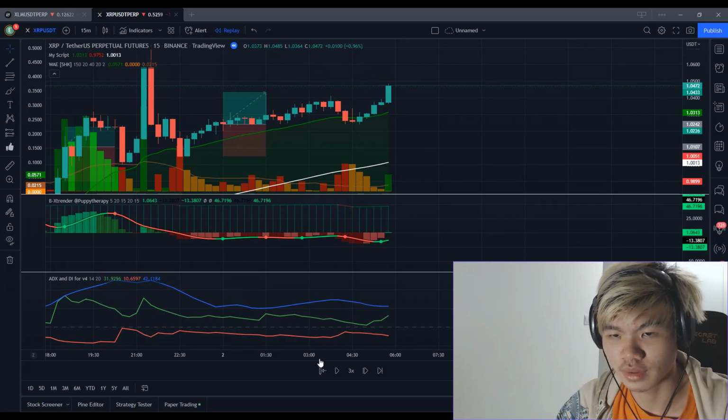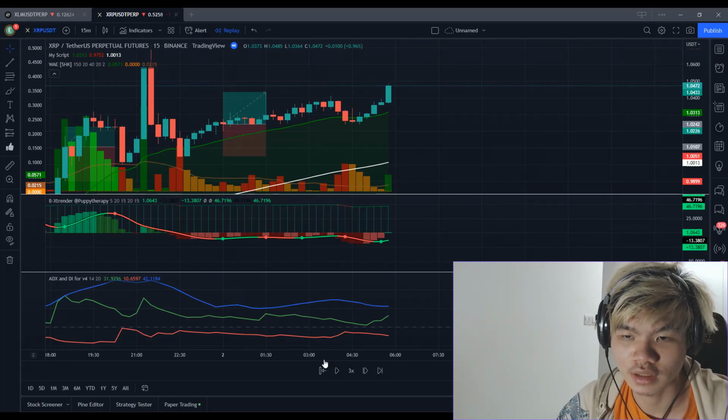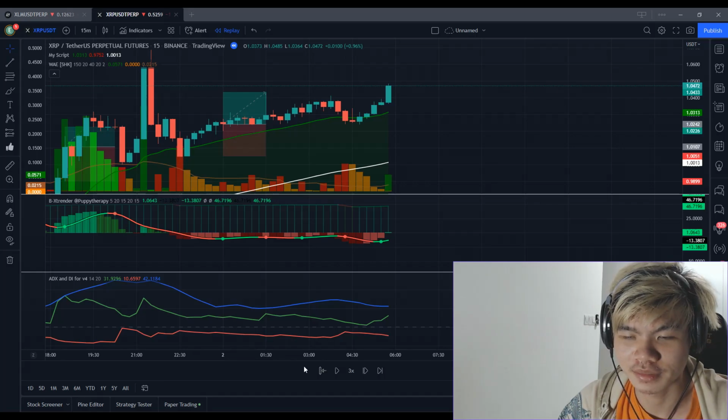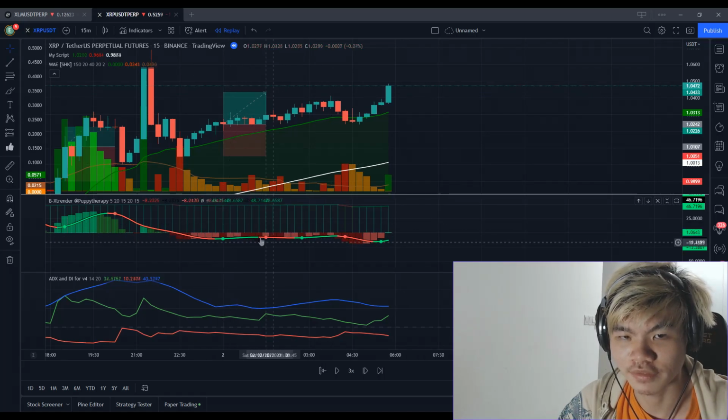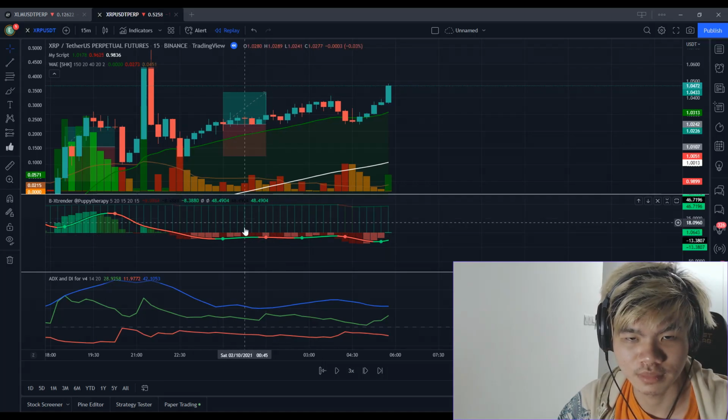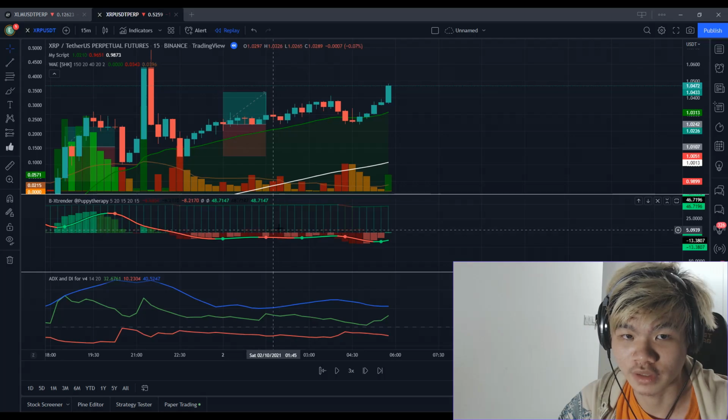Okay, so just a quick update from backtesting. What I figured out was that using Trader's IQ take profit mechanism, where you take profit every time there's a red colored dot, is actually hurting your performance really badly in terms of profit gain.